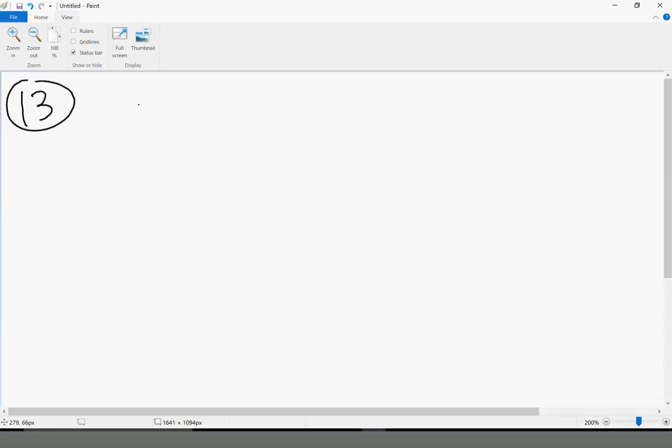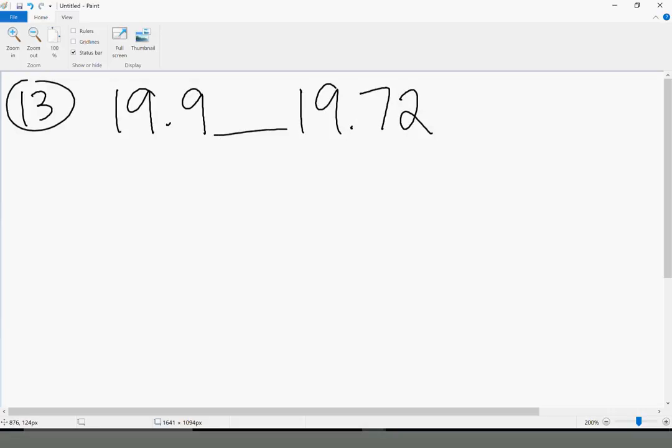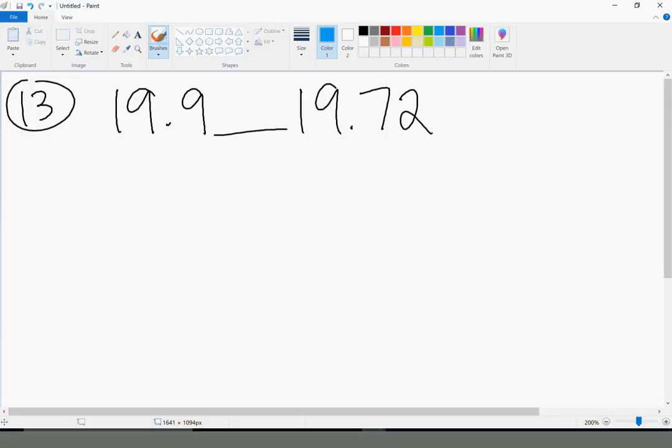So 13, we're comparing 19.9 to 19.72. Okay, so when we're comparing decimals, let's focus on the left side of the decimal. So they are both 19 point. So just ignore that. That's not going to even help us. So think about this.